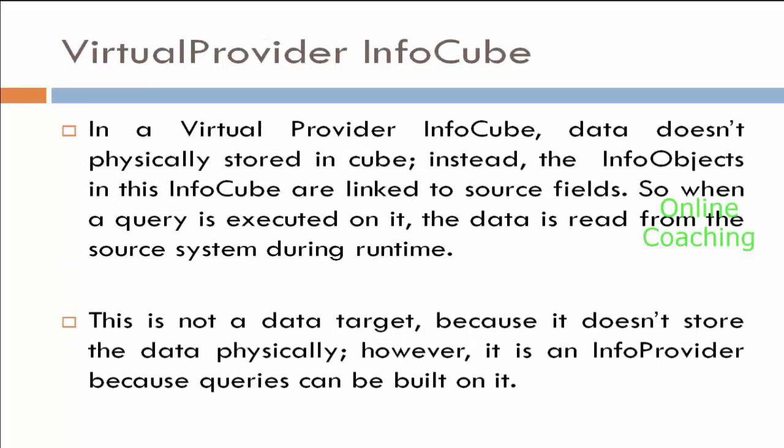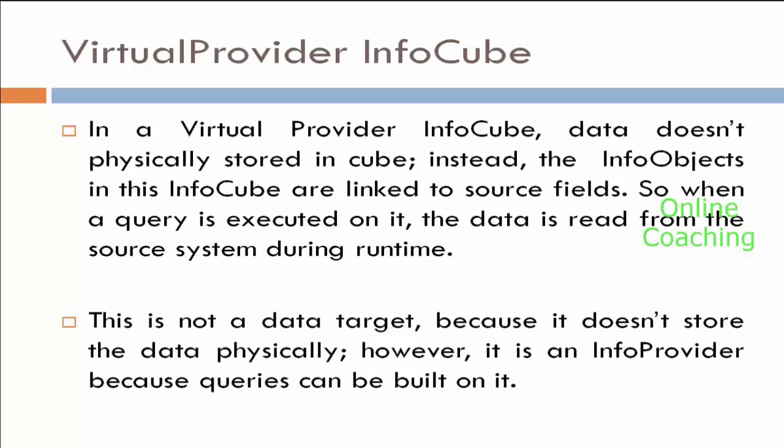Virtual info provider: data isn't physically stored in this Infocube. The reason is that it is virtual, not physical. Instead, the info objects in this Infocube link directly to the source fields. What does it mean? There is no data transfer and no execution process.